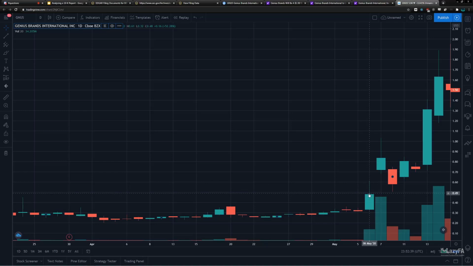That was a huge move that day, right? 52.68% is showing in the top here. So it was about a 52% gain, and at one point during the day it was up probably about 100%. And that was on May 6th.